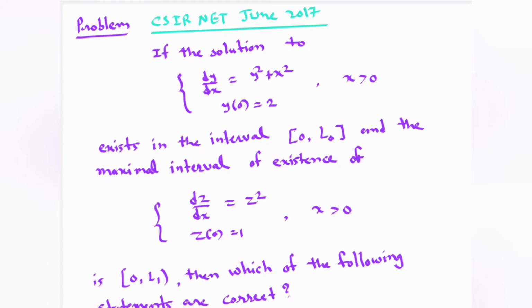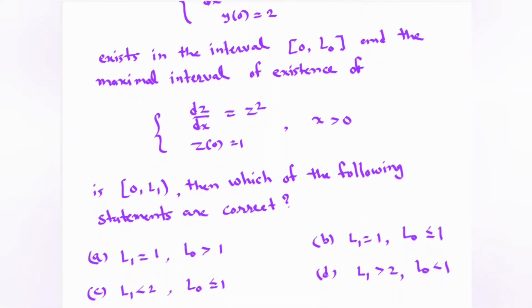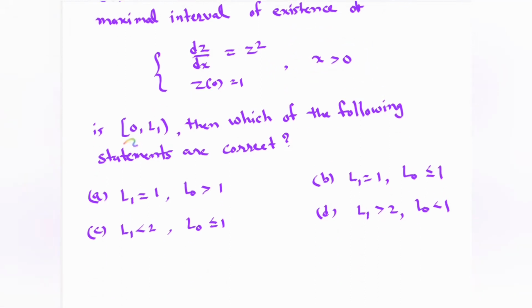Next problem is from CSIR NET June 2017. The problem is: if the solution to the initial value problem dy by dx equal to y square plus x square, subject to the condition y0 equal to 2, where x is greater than 0, exists in the interval 0 to L0, and the maximal interval of existence for the initial value problem dz by dx equal to z square, subject to the condition z0 equal to 1, where x is greater than 0, is 0 to L1, then which of the following statements are correct?